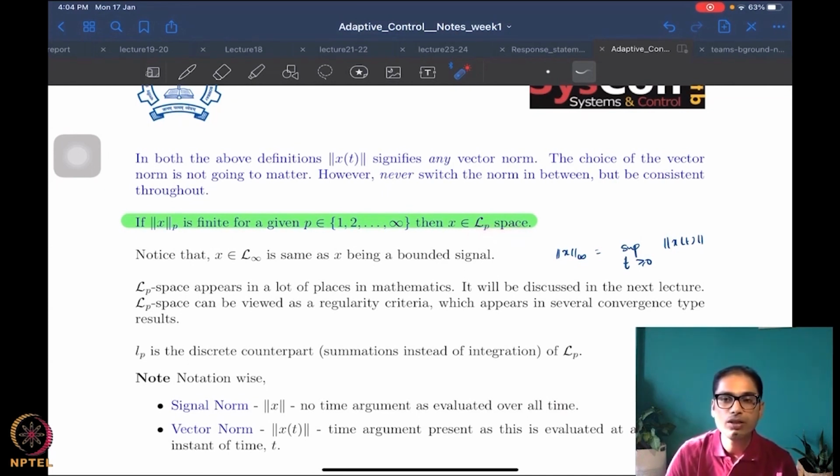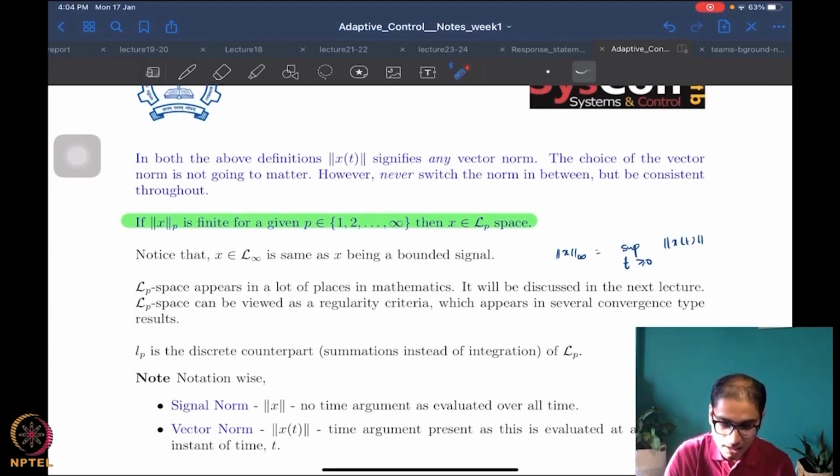Okay, so if you've seen a serious course in mathematical analysis and vector algebra and vector spaces, you will know these notions. If not, you can read up on them. But the idea is that each L_p space, that is L1, L2, L3, and so on and so forth, L infinity, each one of them is an infinite dimensional vector space. Yeah, but they are vector spaces nonetheless.